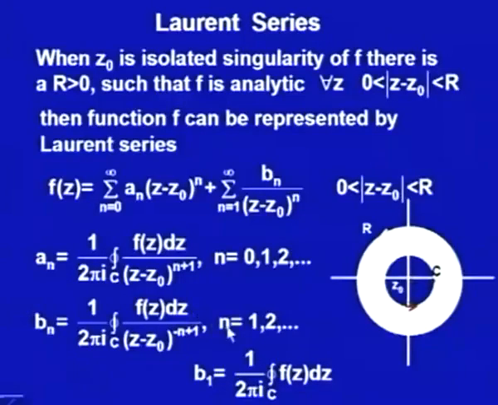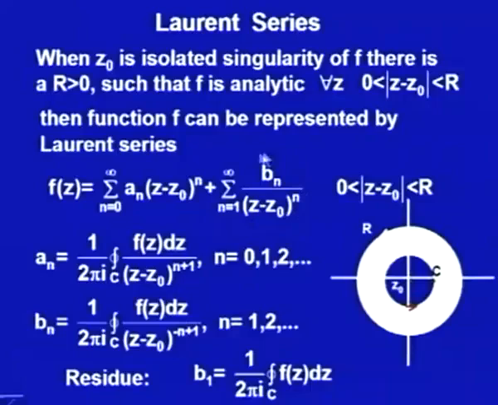Now when n is equal to 1, b1 is actually 1 upon 2 pi i, the integral of f(z) dz. This has a special significance. This b1 is also called the residue.